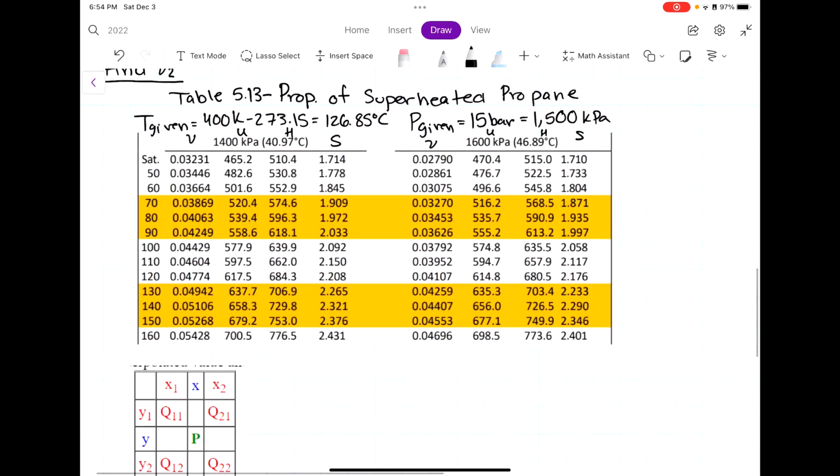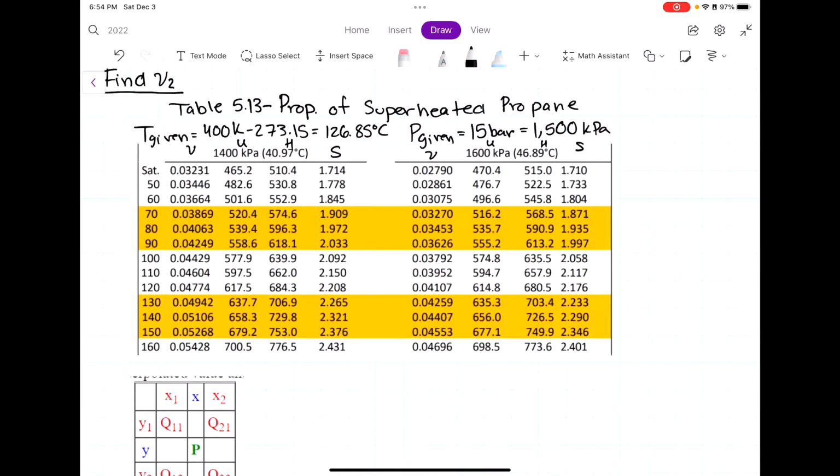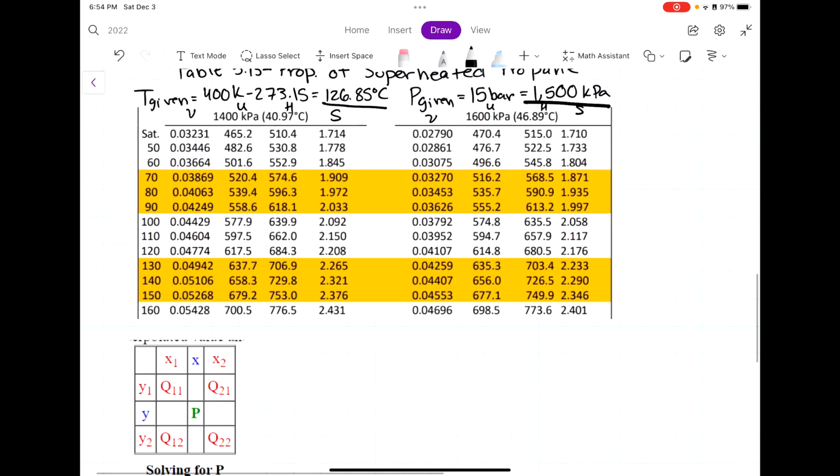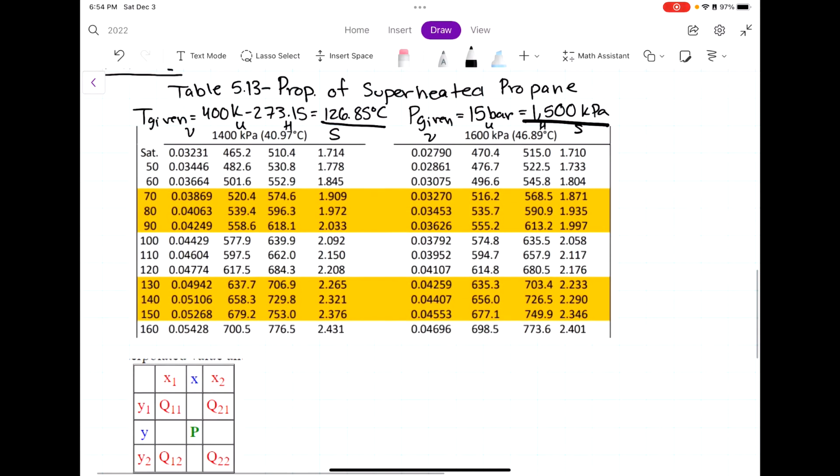Okay. So I'm looking for superheated propane at 126.85 degrees Celsius and at 1,500 kilopascals. I see here that we don't have information when the pressure is equal to 1,500 kilopascals.